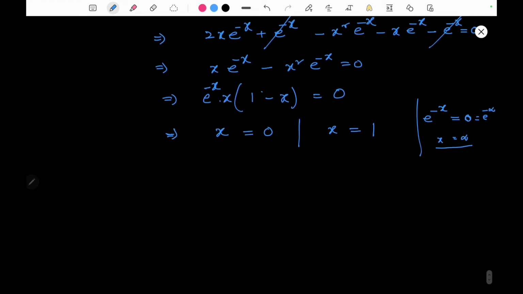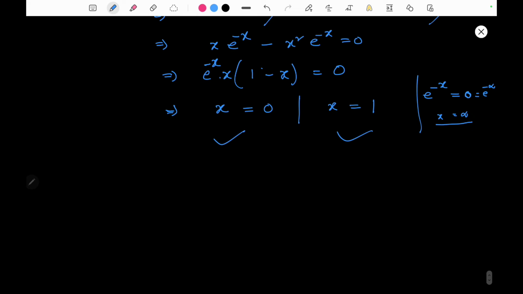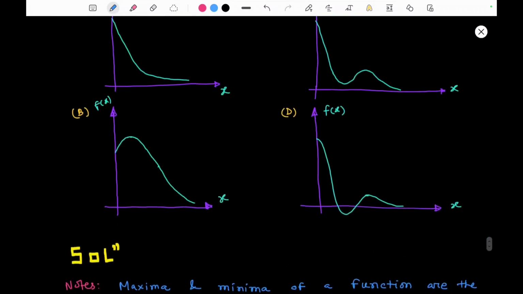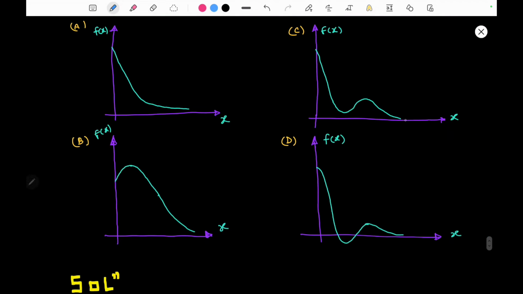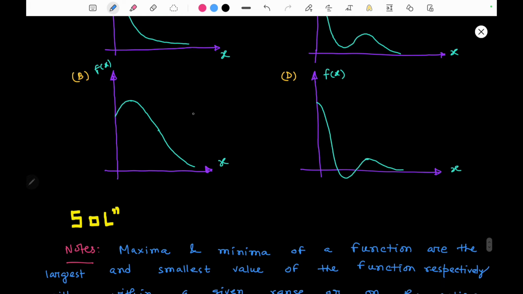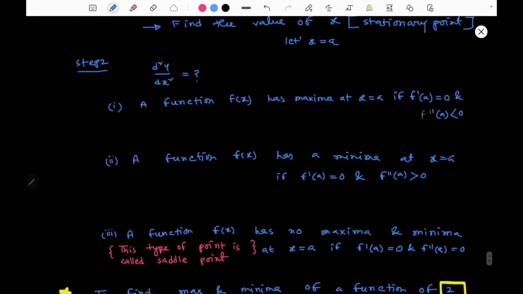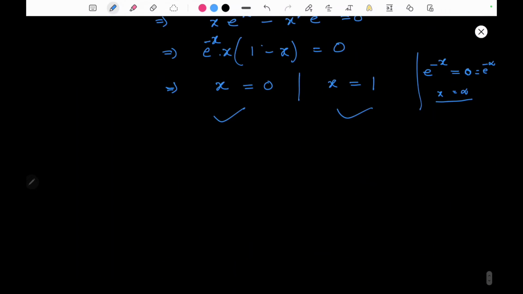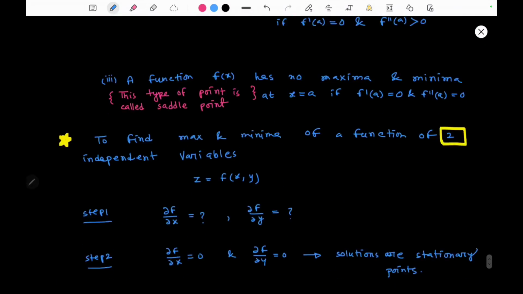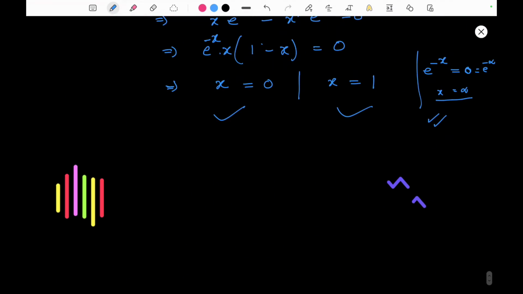We can proceed with these values only, because at x equal to infinity we cannot analyze the condition of our graph. It seems it will be 0 at x equal to infinity, but for all the graph that is the same, so we can neglect this part.